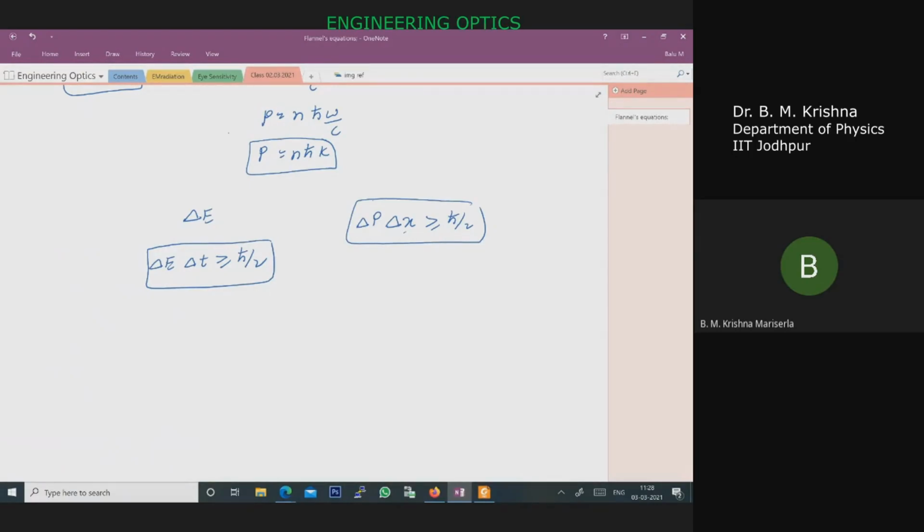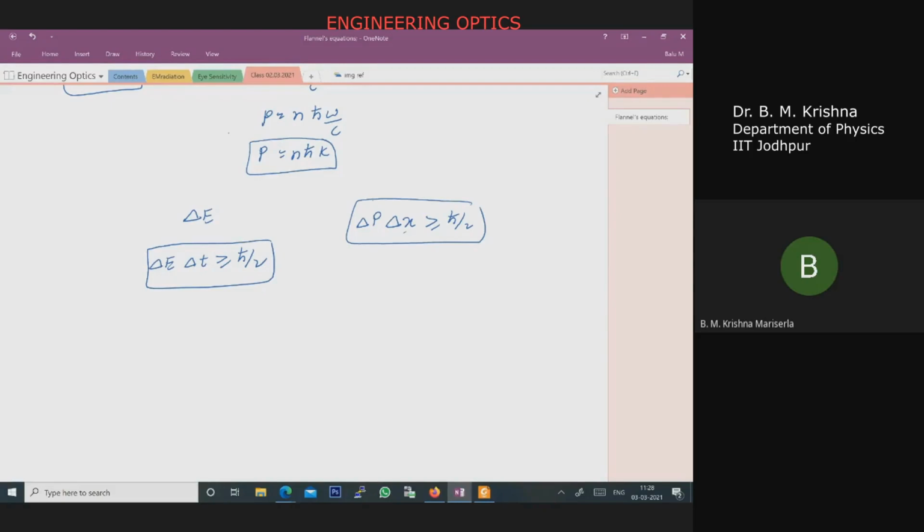Similarly for photons: photons also carry momentum, and if you know the momentum, you cannot find the position of the photon. And if you know the time, you cannot find the energy, and if you know the energy, you cannot find the time. So these are actually correlated.